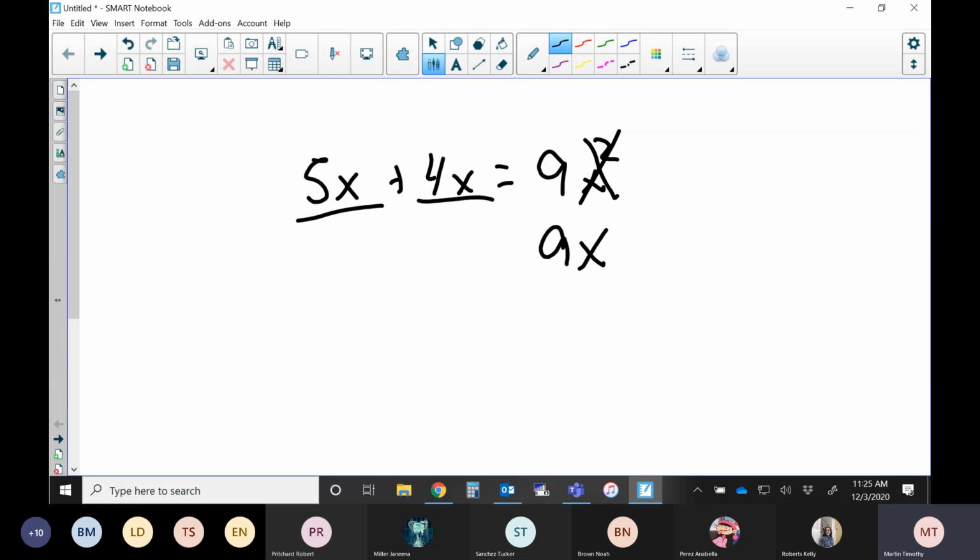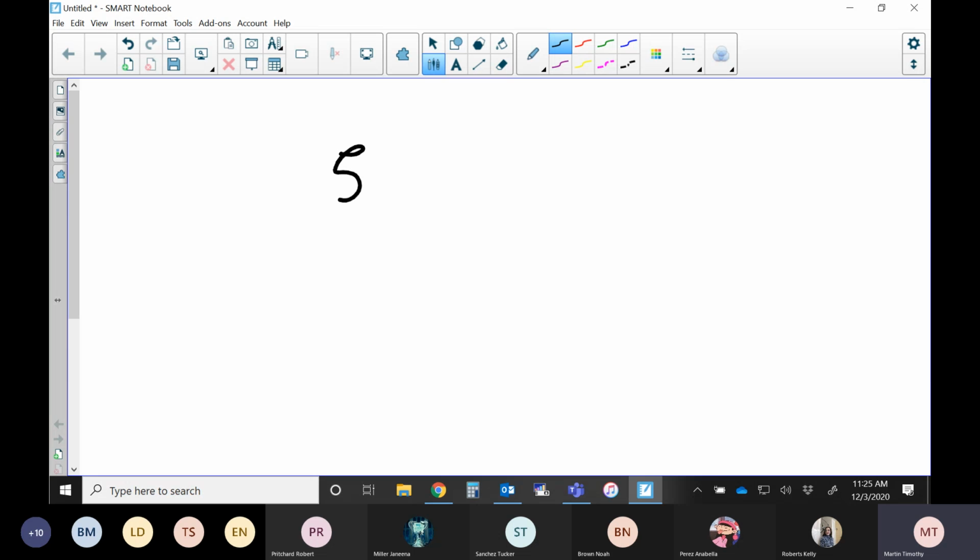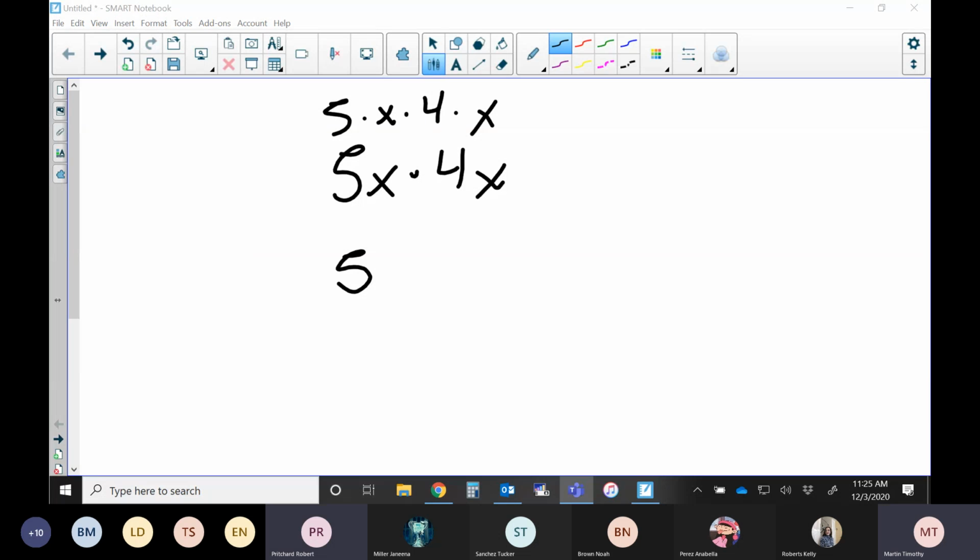Now, the reason why they get that mixed up is because of this problem, which we're going to have to do, when I have a multiplication between them. This turns into, really, 5 times x times 4 times x. And what did we just say, Robert, about multiplication? What can we do with it if it's all multiplication? Commutative.